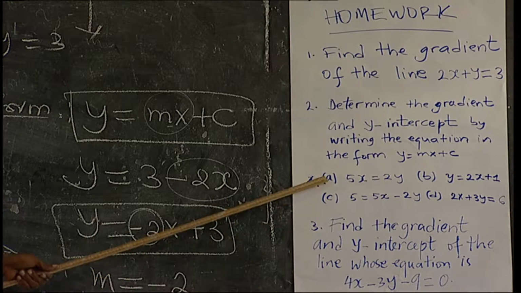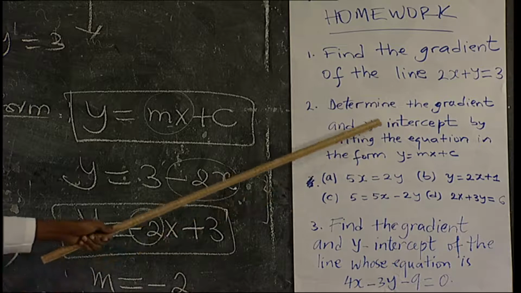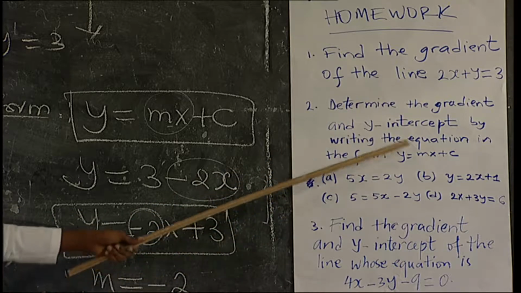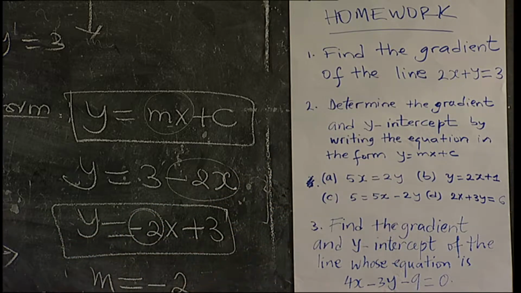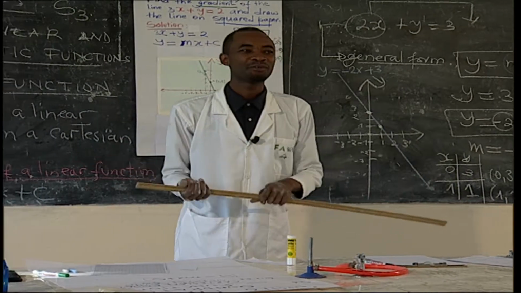Here we have questions A, B, C and D. It's to find the y-intercept by writing the equation in this form. If you want to know the y-intercept, as I told you when we were starting, c is the y-intercept. You have to remember this. Write down your homework before we finish our lesson.